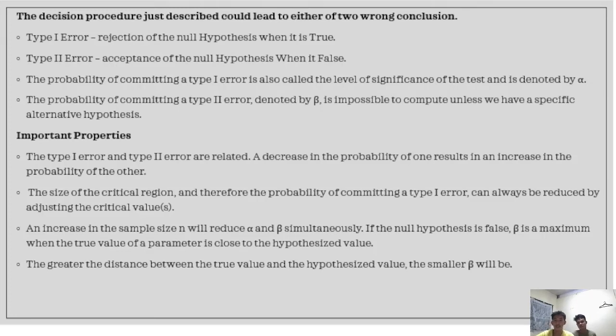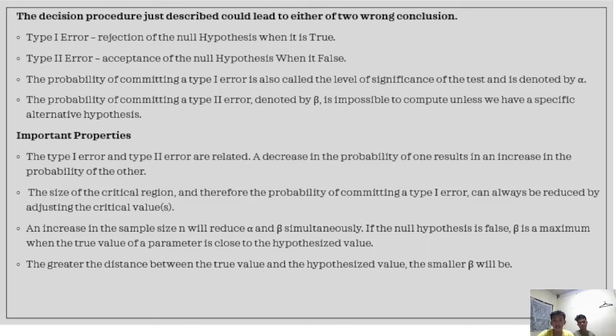Important properties. The type 1 error and the type 2 error are related. A decrease in the probability of one results in an increase in the probability of the other. The size of the critical region, and therefore the probability of committing a type 1 error, can always be reduced by adjusting the critical values.